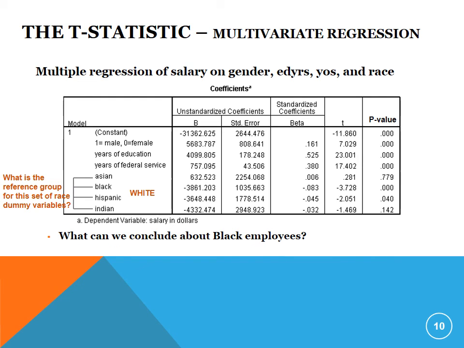For black employees, let's take a look at that. What is that telling us? Our T statistic, we should all agree on, is negative 3.728. And notice with all of your T statistics and regression coefficients, that if it's negative for one, it's negative for the other.